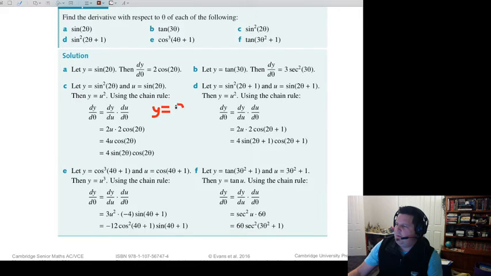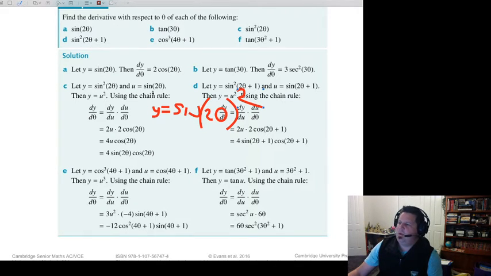Y equals sine 2 theta, and then you've got the squared here. So we don't write it like this, but really you can see it a bit clearer this way.